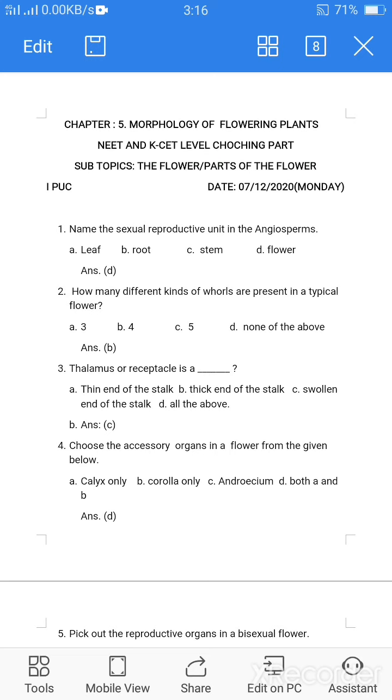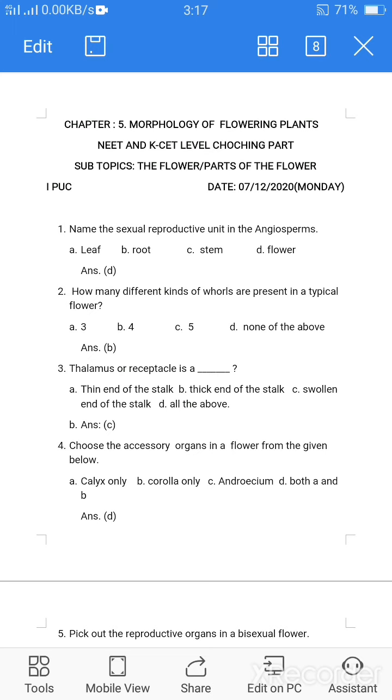The correct answer is option C, swollen end of the stalk, also called the pedicel. At the end portion, the part that is swollen or bulging in nature, at the end region of the stalk or pedicel, is called the thalamus. So the correct answer is option C, swollen end of the stalk.